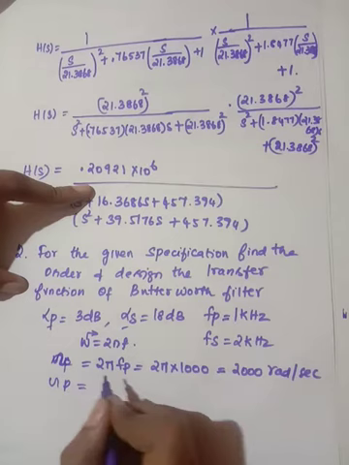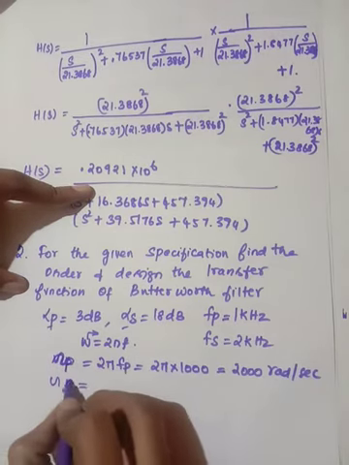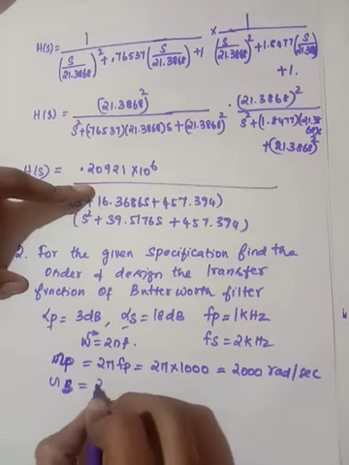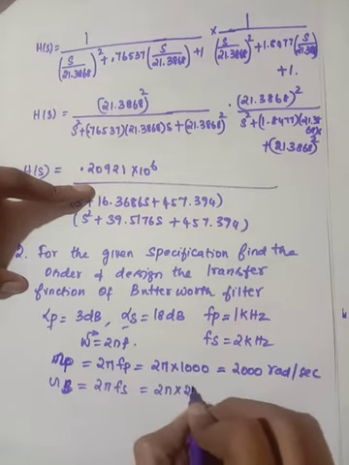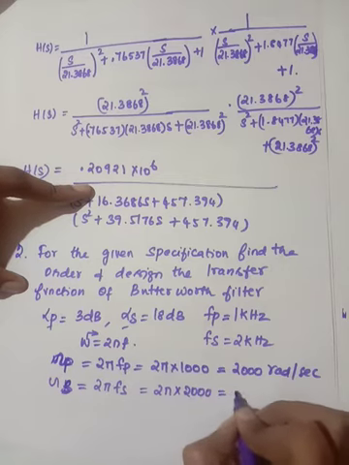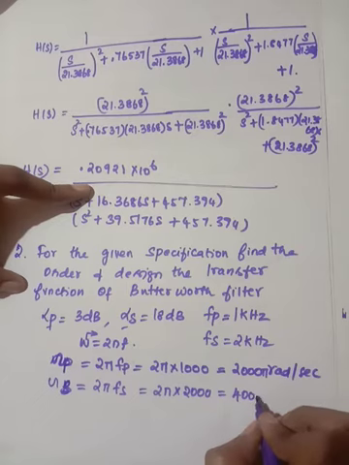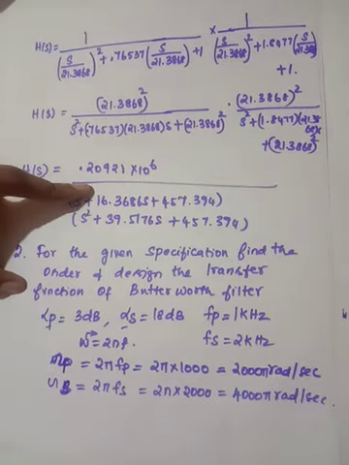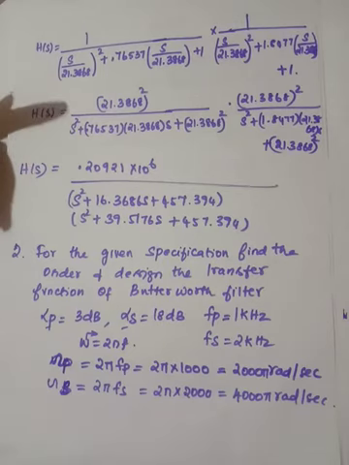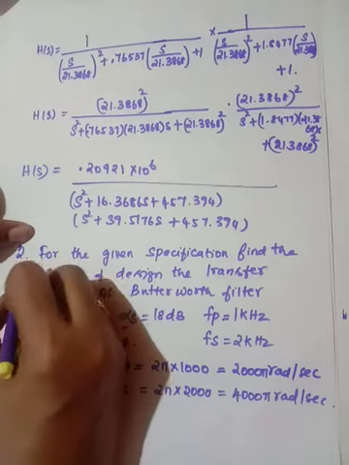Ohm s is 2 pi fs, which is 2 pi into 2000, that is 4000 pi radians per second. Using this, proceed with the previous procedure and find the transfer function. This is your tutorial problem.